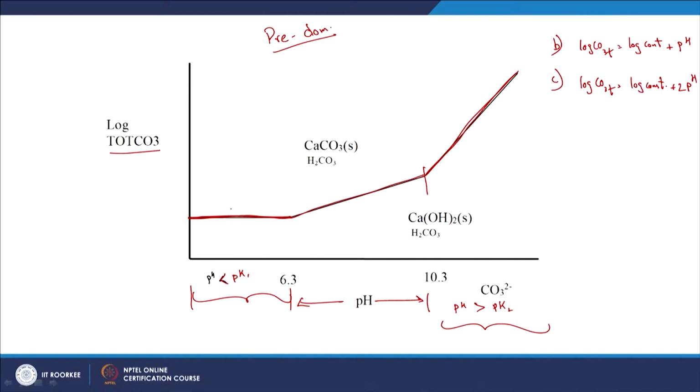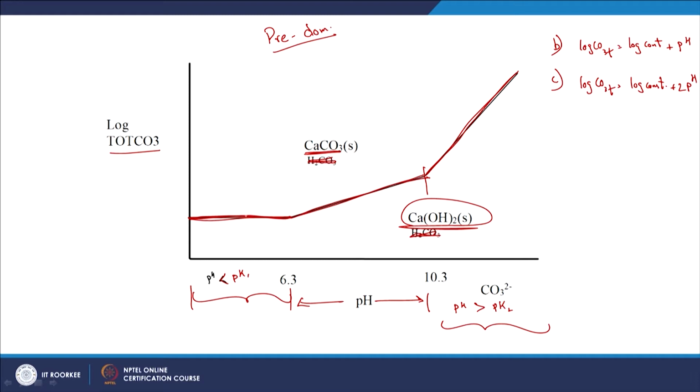In this particular region that we see here, CaCO3 is going to predominate, and in this particular region here, or beneath this particular line, you are going to see that Ca(OH)2 is going to predominate. So that's what we understand from this particular system. So obviously what does this particular solid line indicate? It means that at that particular solid line, relevant to that particular log total CO3 or pH, both the solids are going to precipitate.